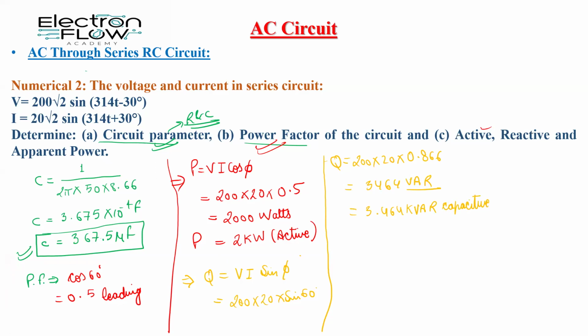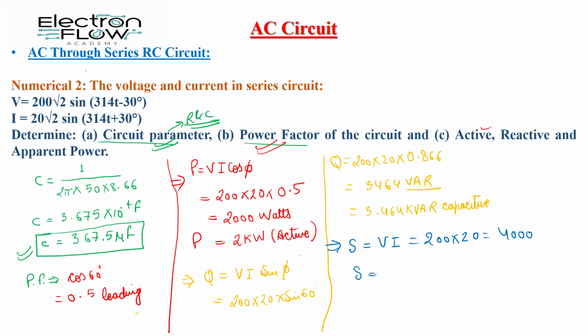Last, we calculate the apparent power. The formula of the apparent power is VI, that means 200 into 20, which is equal to 4000.